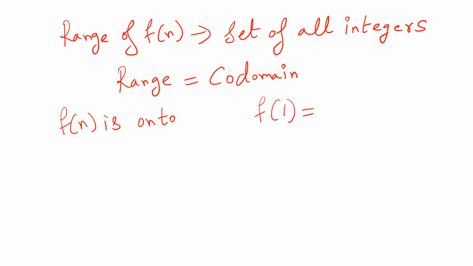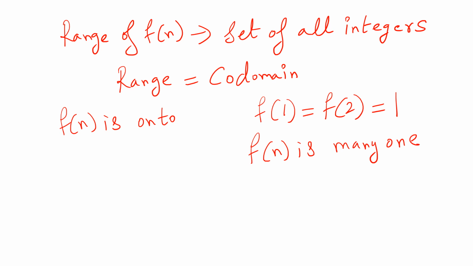That means the value of f of 1 is the same as f of 2, and both are equal to 1. So this implies that f of n is many-one. That means f is not one-one but onto. So hence option D is the correct one.